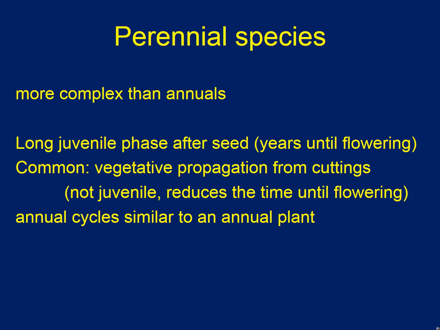However, for trees it is very common to use vegetative propagation from cuttings, and these cuttings are not juvenile, so that reduces the time until flowering. In any case, when we establish the plant, we will have annual cycles similar to those of an annual plant.